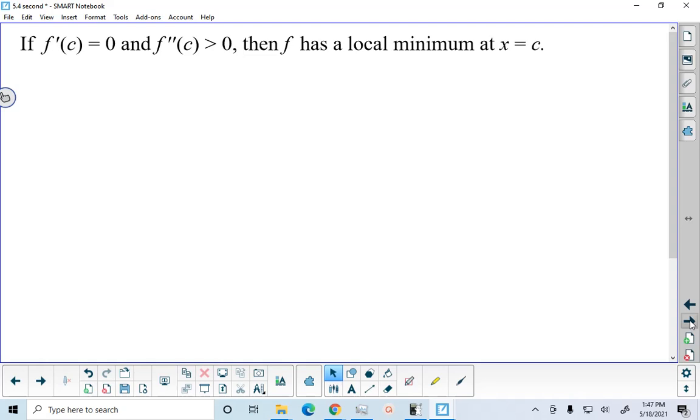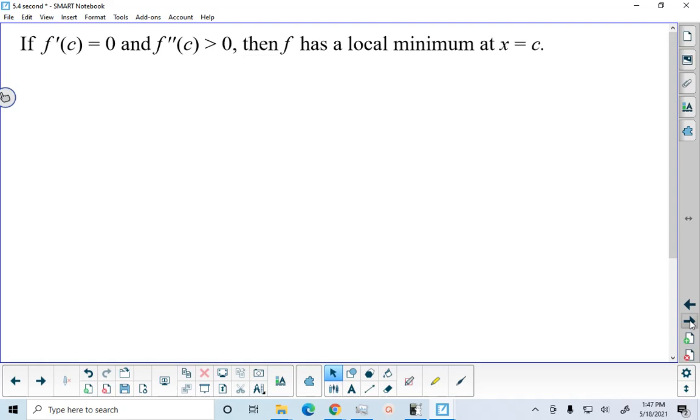So here's the second derivative test. And again, it relates to the first and second derivatives. This is going to require some thought on your part. If the first derivative equals 0, and the second derivative at that point is positive, then there must be a minimum at that point. Okay?